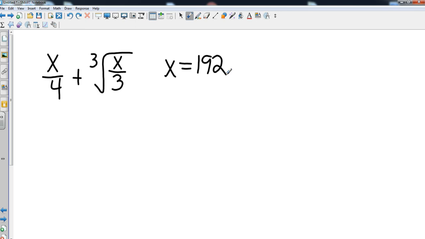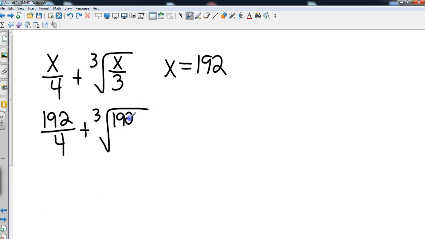So everywhere I see an x, I replace it with 192. So that's 192 divided by 4 plus the cubed root of 192 divided by 3. Now the question is, okay, do I do that cubed root, or do I do the 192 divided by 3 first?